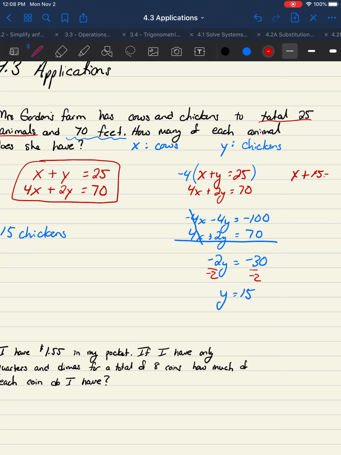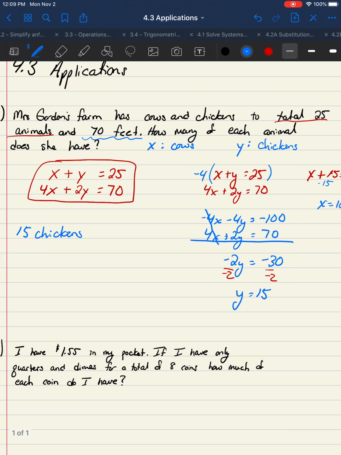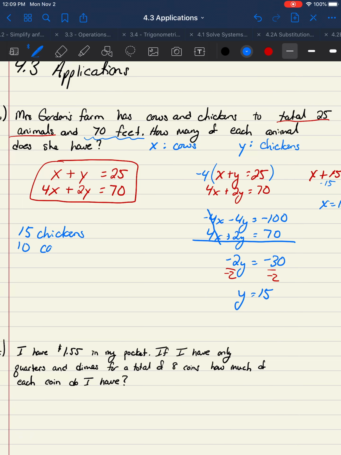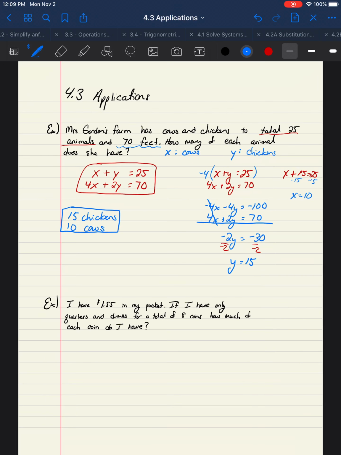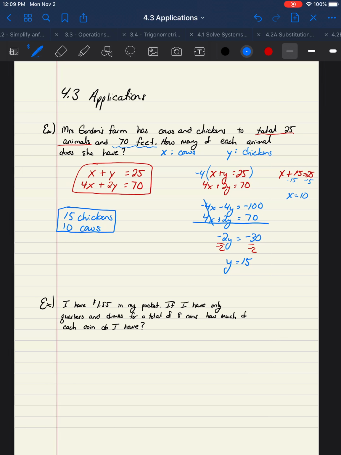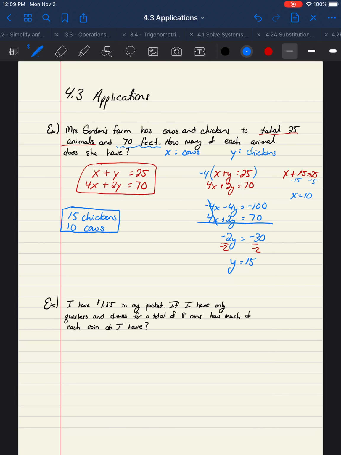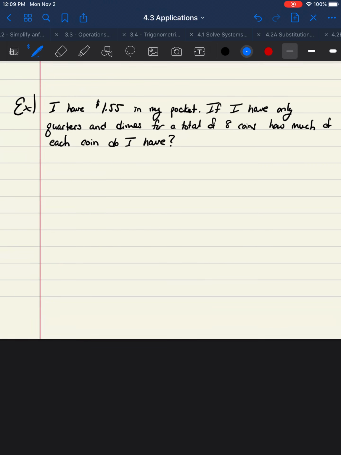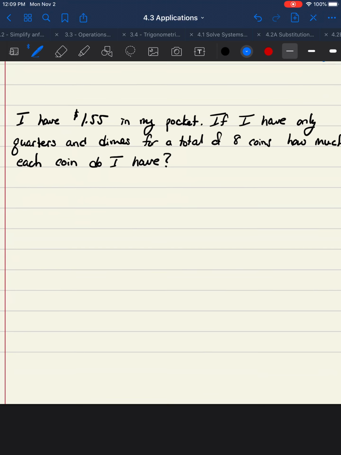Cows plus chickens, but I found that there's 15 chickens equals a total of 25 animals. 15, I get that X equals 10. So then that means I have 10 cows. You are not going to write these answers as ordered pairs because are we going to graph cows and chickens? No. So, all right, a little bit more complicated one.